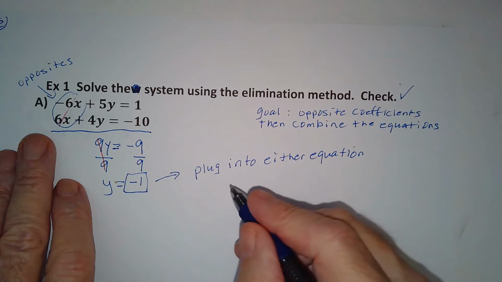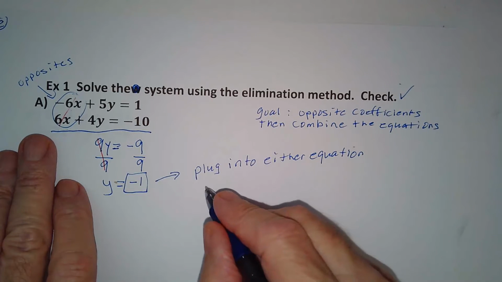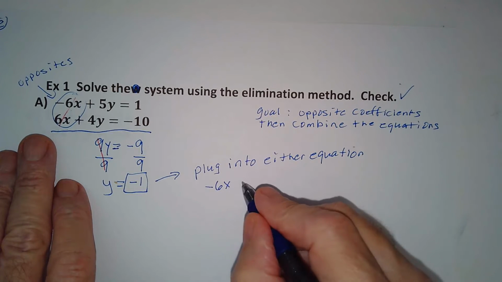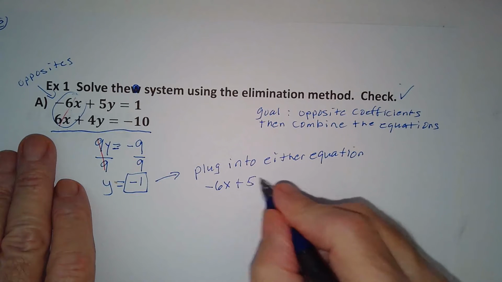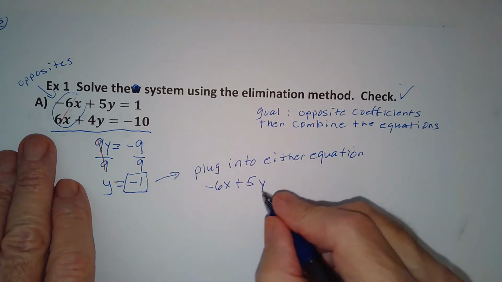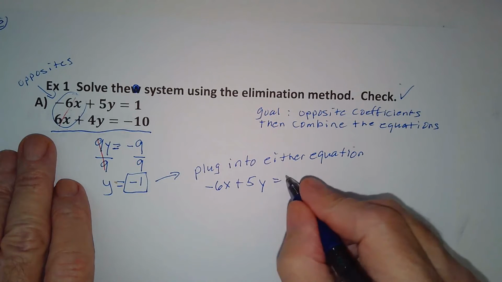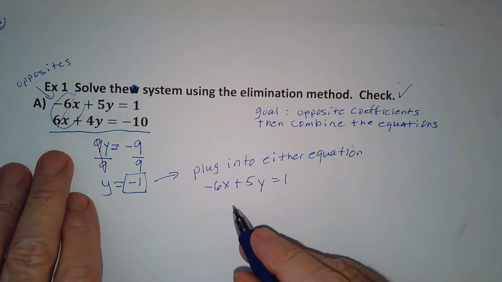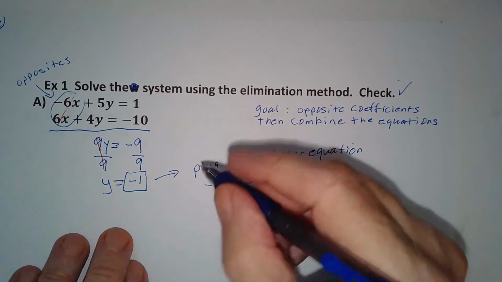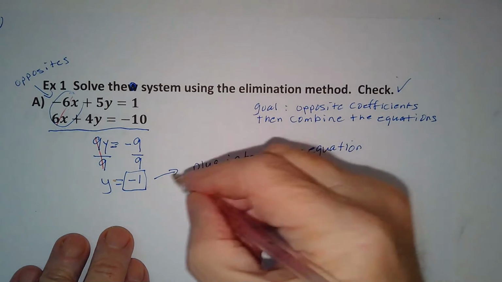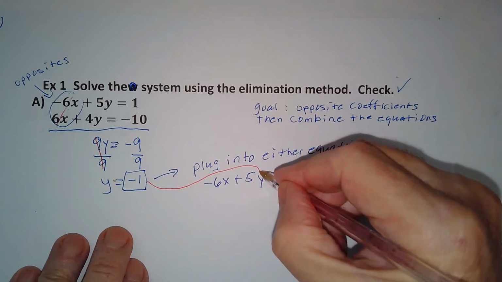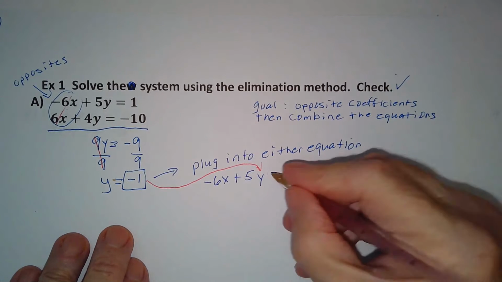We always want to go as easy as we can with this stuff. So let's take negative 6x plus 5y. It'll be our first equation to use anyway, and we're going to use them both. But always think easy when you do these. So you're going to plug in that negative 1 for your y.